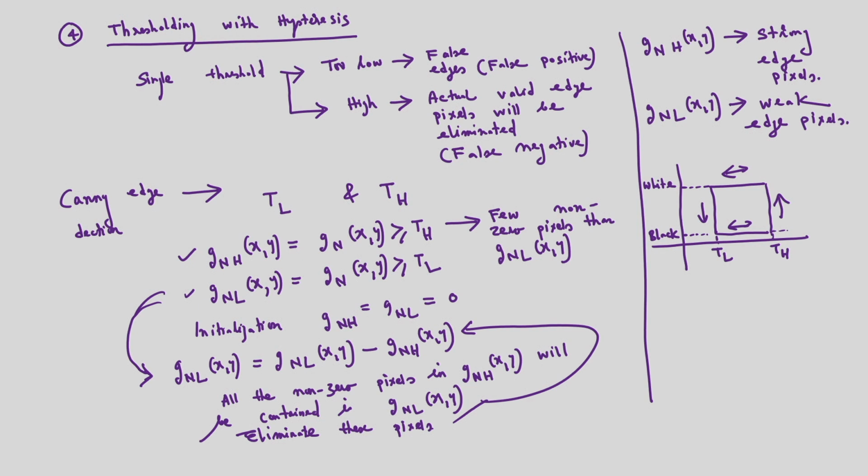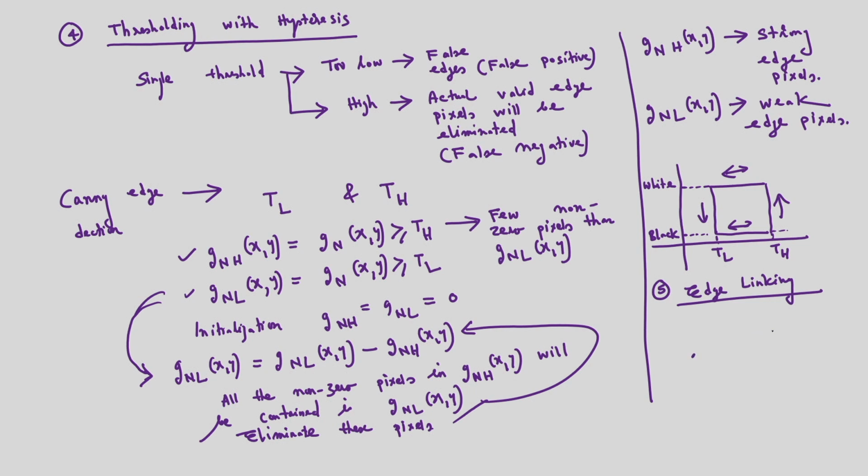weak edge pixels. Then finally, because I have the edge pixels, to get the boundaries I have to do edge linking. The final step, step number 5, is the edge linking.